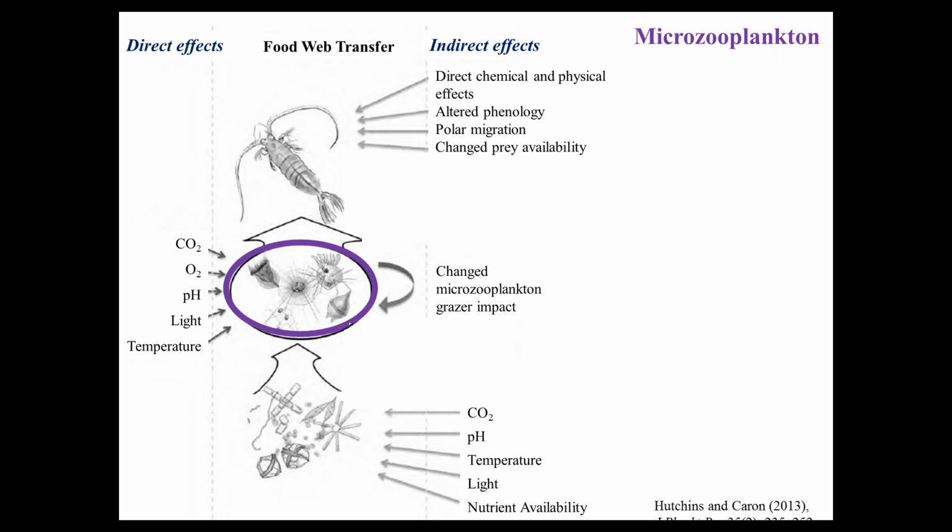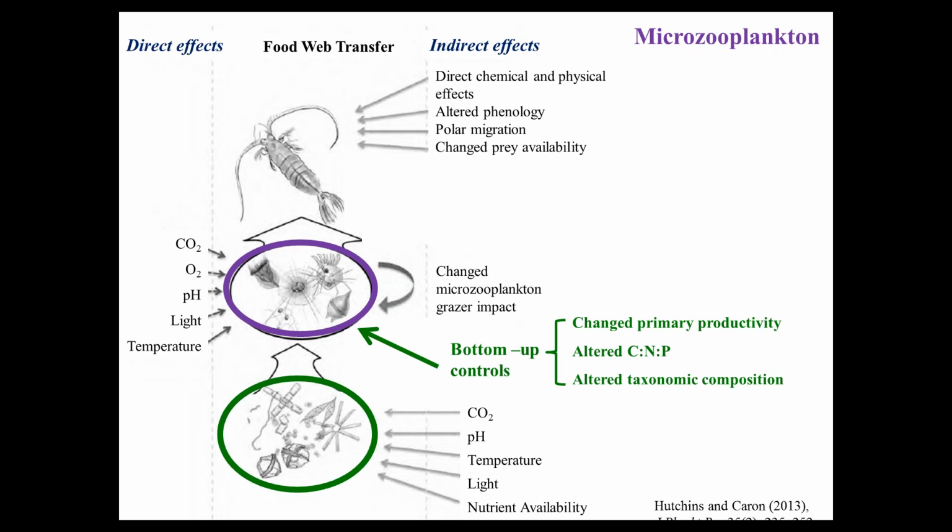So I'm inviting you to take now a microzooplankton-centric view, or grazer view. If you think about the microzooplankton, there are certainly effects that might be direct for them that have to do with intracellular pH, enzyme activities, and so forth. And then you have this whole array of bottom-up effects that might affect how well they're doing.